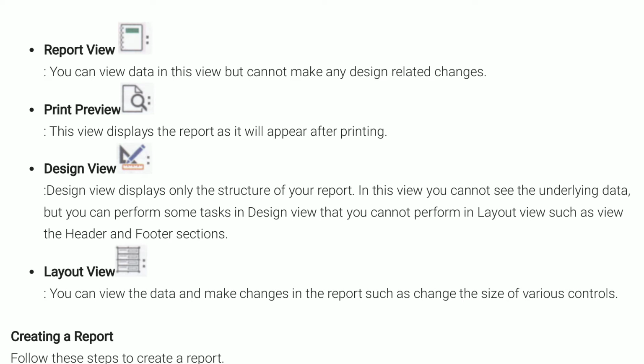In this view we cannot format the report. If you want to change the color of the background of the report, the logo, or the title of the report, we cannot make any changes, but we can only view the data that is created in a report.